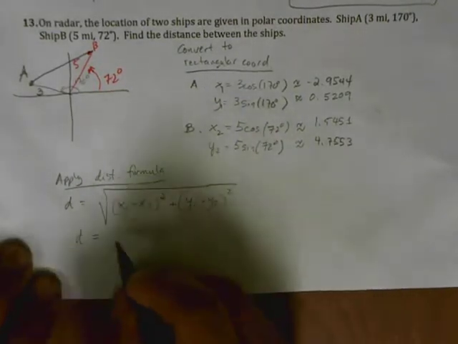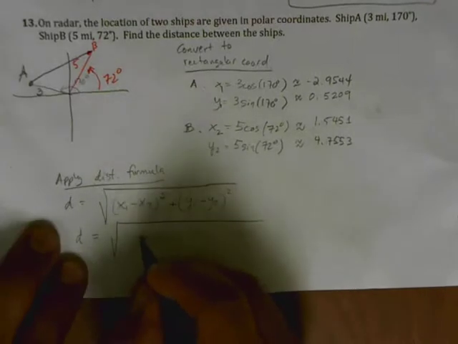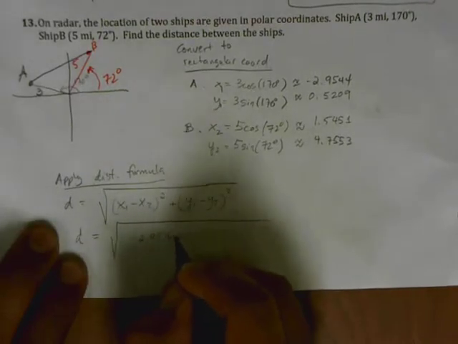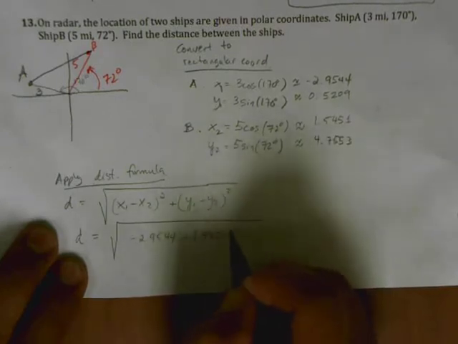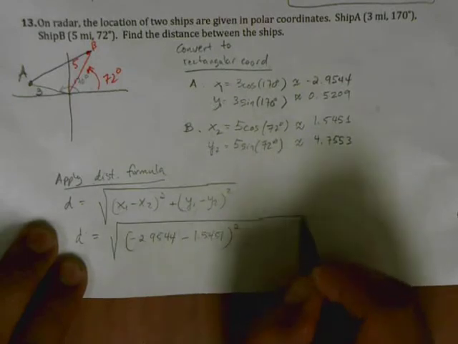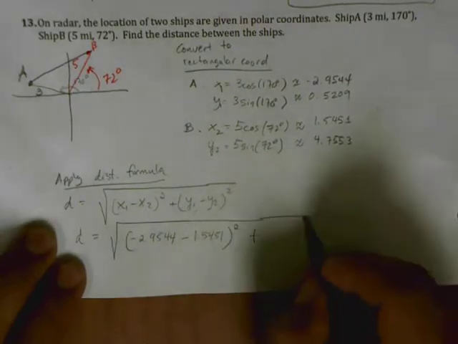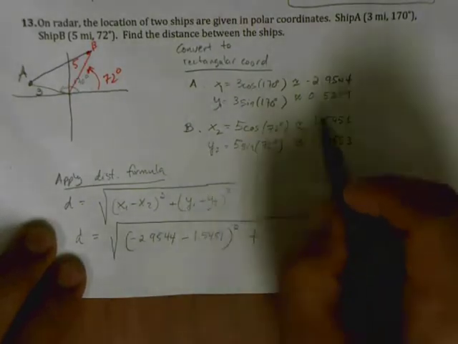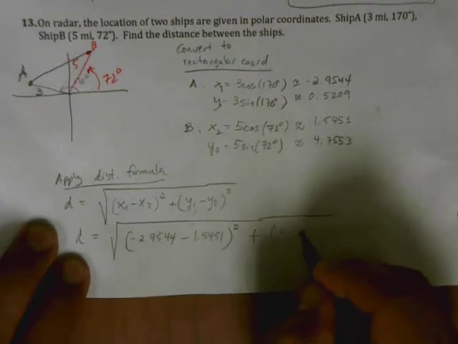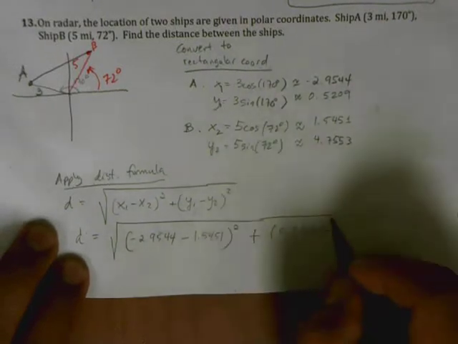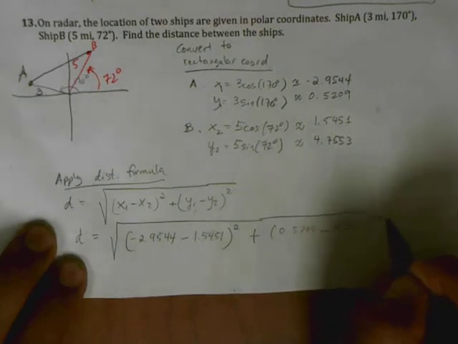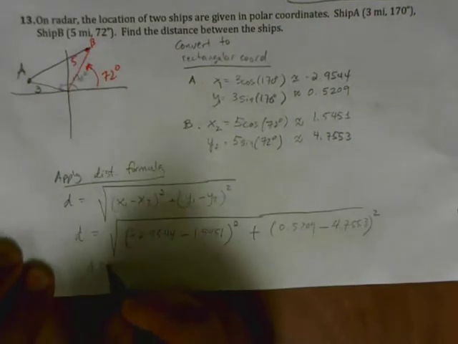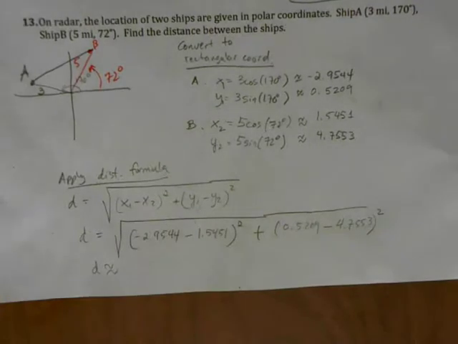Substituting in these numbers, this is the square root of negative 2.9544, that's x1, minus x2, which is 1.5451, whole thing squared, plus y1, 0.5209, minus y2, which is 4.7553, everything squared, and that will give me a value for d.